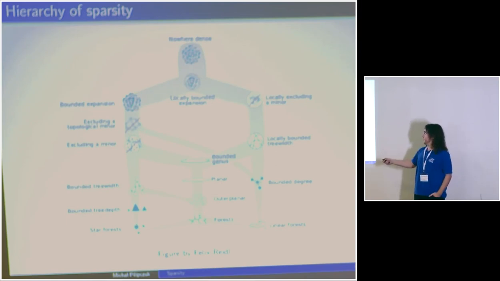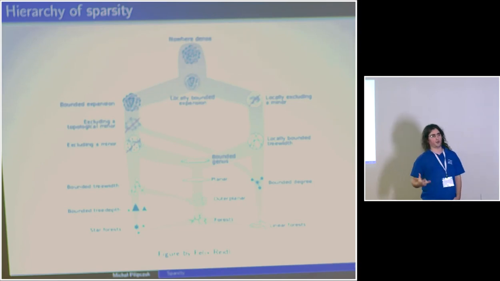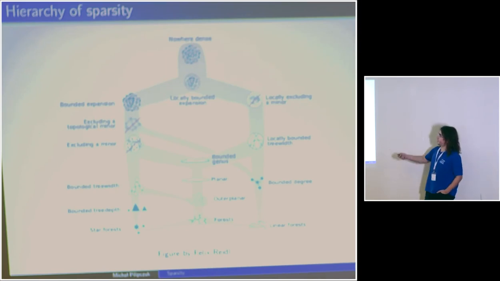Then you've got classes excluding a minor, or classes excluding a topological minor, for which we have global decomposition theorems of Robertson and Seymour, or of Grohe and Marx. And then on top of them, we have classes of bounded expansion. So bounded expansion already encapsulates all the familiar sparse graph classes, like planar graphs, bounded genus graphs, H-minor-free graphs, bounded degree graphs as well.